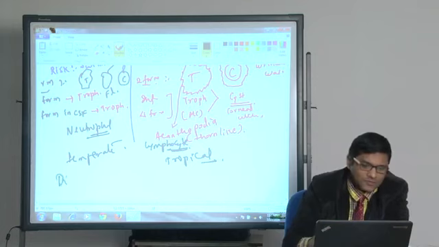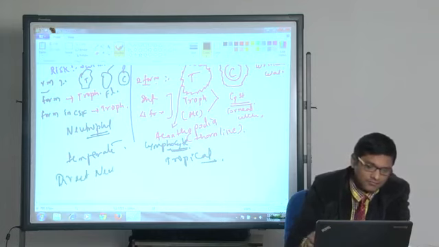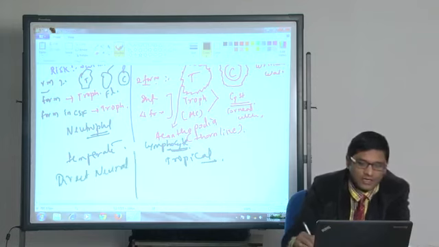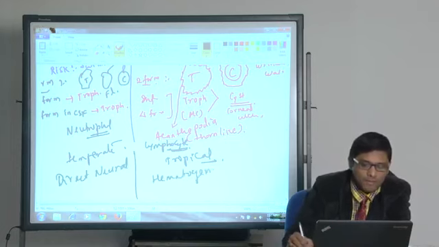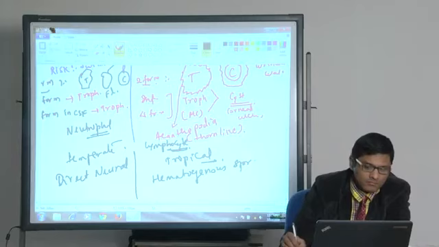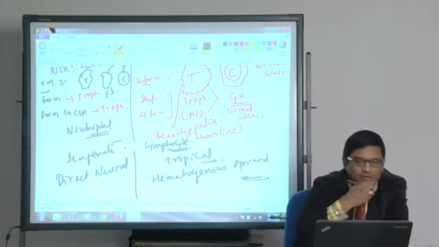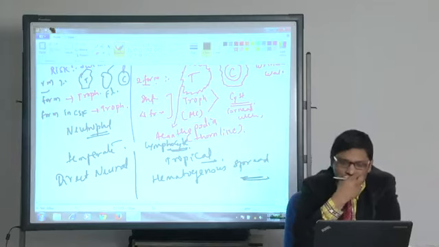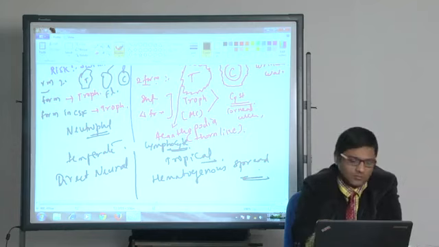In Naegleria direct neural spread is seen, whereas in Acanthamoeba hematogenous spread is more common. So these are the various differences between Naegleria and Acanthamoeba.